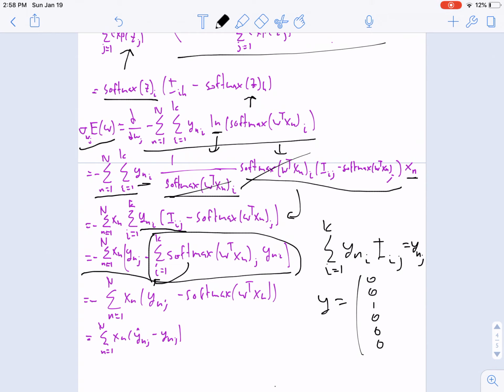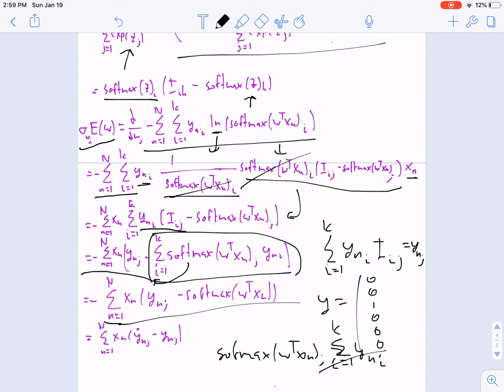But then this becomes softmax of wtxn, the jth argument of that, times the sum from i equals 1 to k of y_ni. But if you sum up all the elements of a one-hot y vector, you just get 1. So this term just falls off, and we just get softmax. So that gives us our result here.